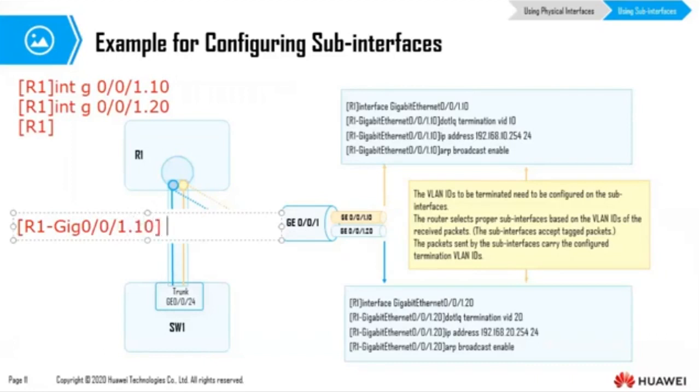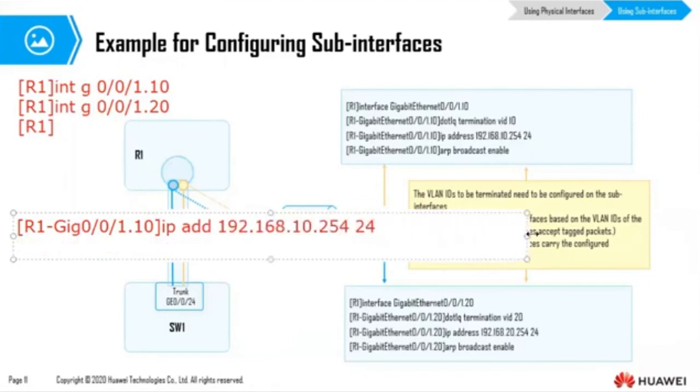So you'll be on the subinterface view. Once you've created a subinterface, you can assign it an IP address just like any other interface, for example 192.168.1.254 with mask 24. This is what will be used as your gateway for that VLAN. This will be the gateway address for your devices on that VLAN.